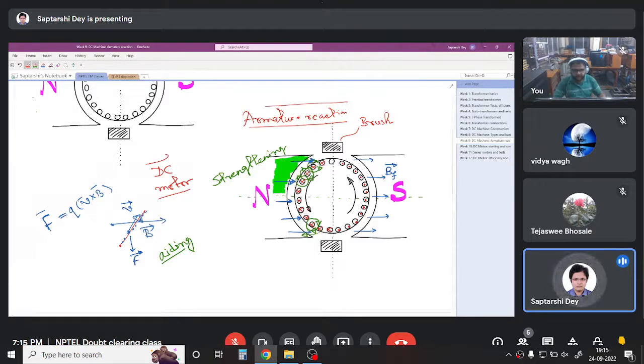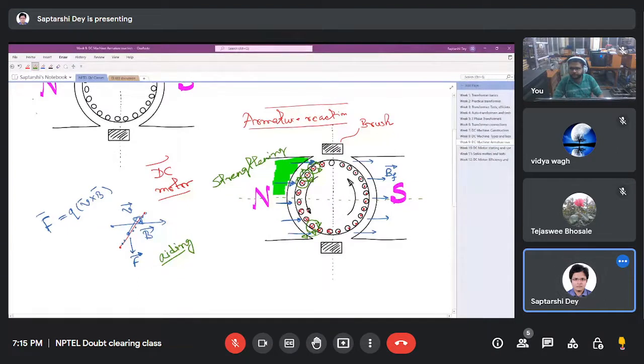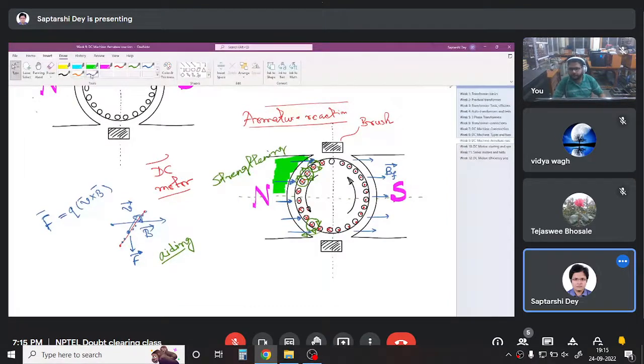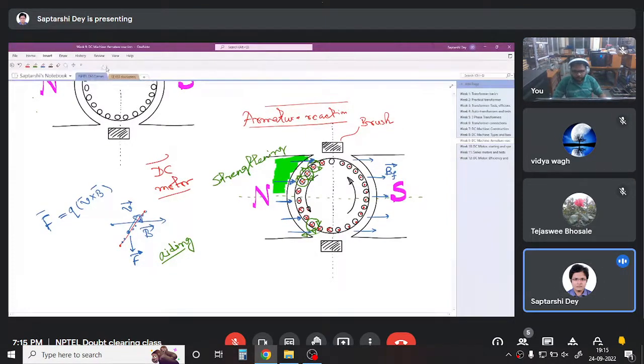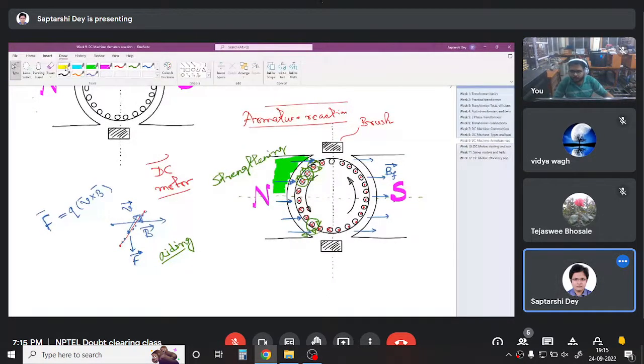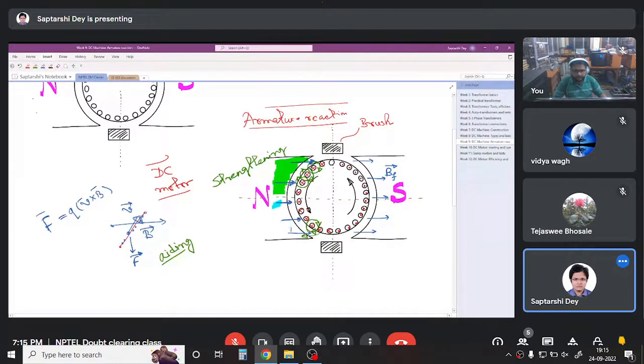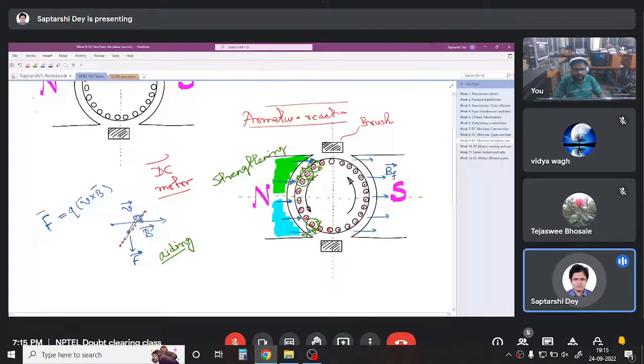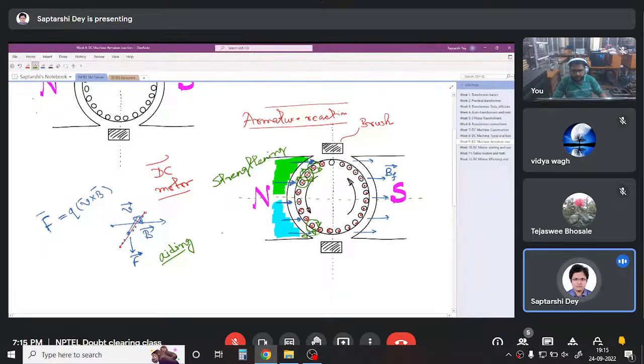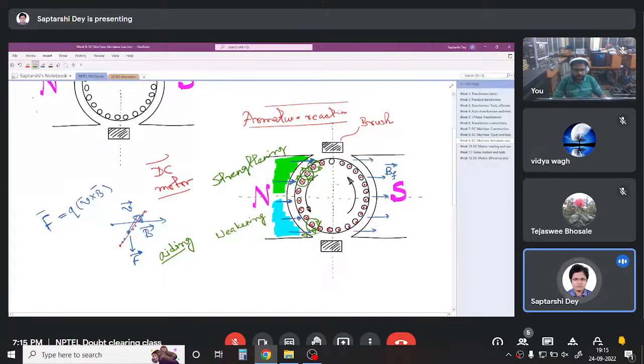On the other side, in the lower half, let me use blue, they are opposing each other. So the armature flux is weakening the main field.